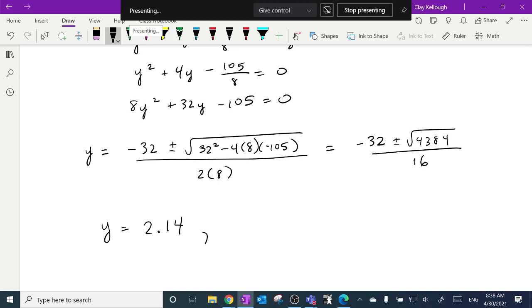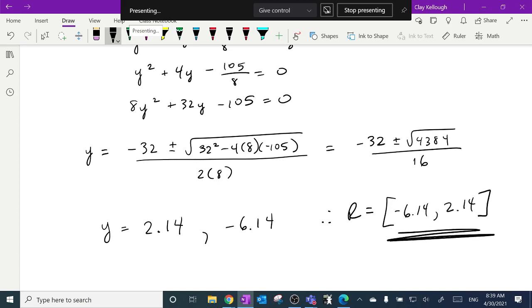And the other answer I'm getting is negative 32 minus that big square root, 4384 square rooted, and then divide that by 16, and negative 6.14. And that's it. That should be my range. And let's put it in interval notation, from negative 6.14 to 2.14.